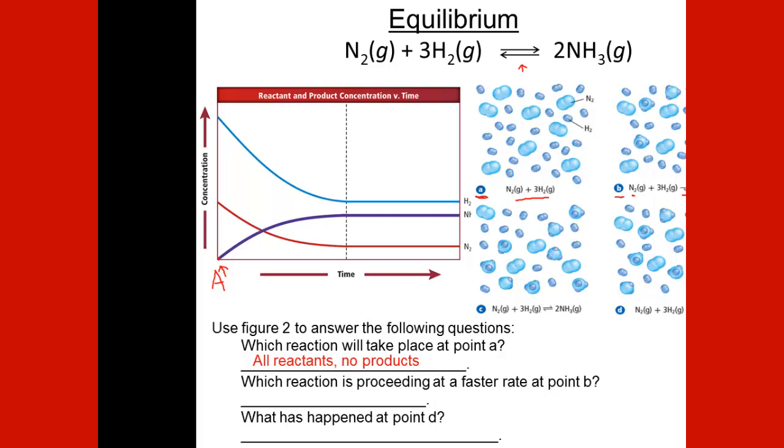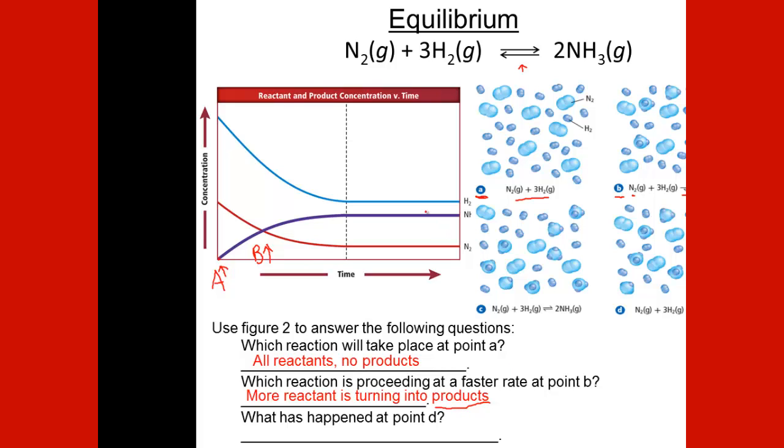Now as we move to more NH3, we'll be at about here during our reaction. And as we get there, more reactant is turning into products. So we're going faster towards the products, starting to push to make those products.